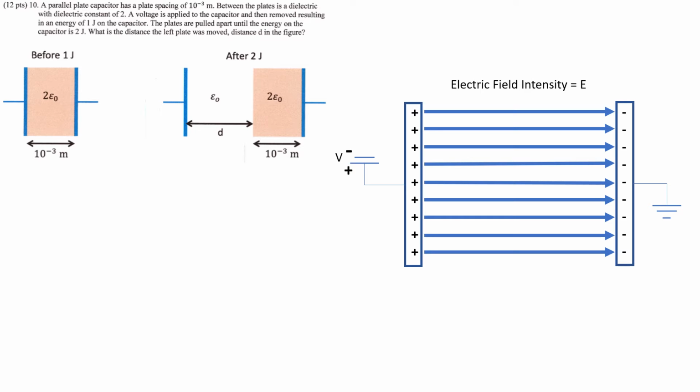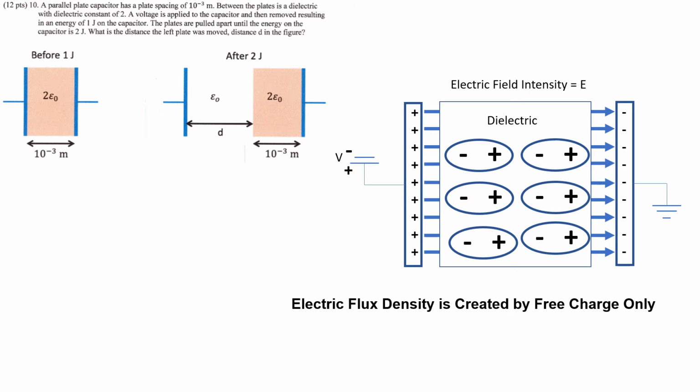Once we put a dielectric in between, this electric field causes dipoles in each atom inside the dielectric to have a partial positive and a partial negative charge towards the negative plate and the positive plate respectively. However, since this charge is inside an atom, it is bound to the nucleus of the atom, and as a result, this charge does not move freely around the dielectric. This is what we call bound charge.